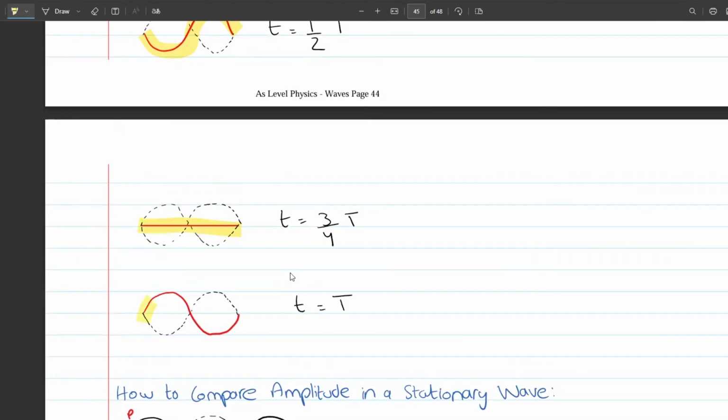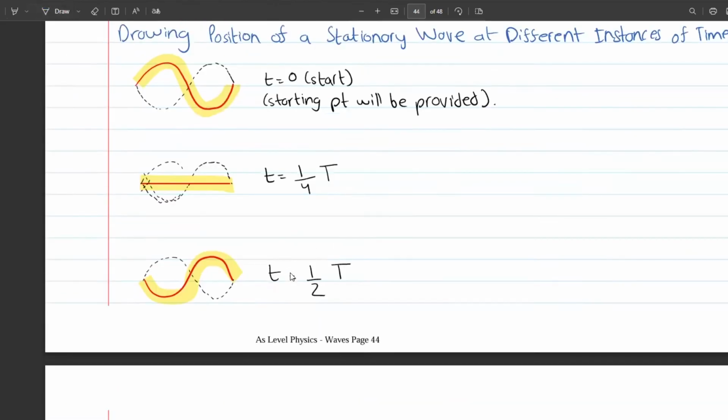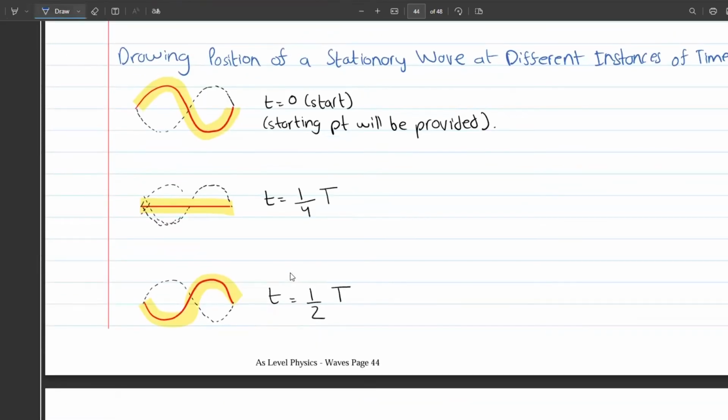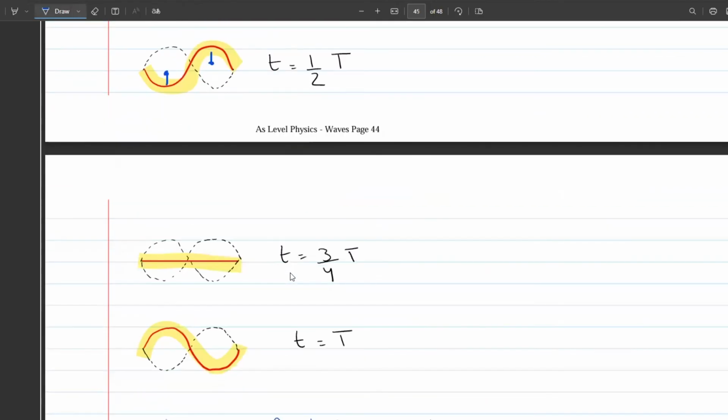And after a complete time period, it returns to its original position. Why is this happening? Because initially this part is moving downward and this is moving upward. This further moves downwards, this further moves upwards, and you reach this position. Then this starts to move upwards, this starts to move downwards. This further moves upwards, this further moves downward, and you return to the original position.